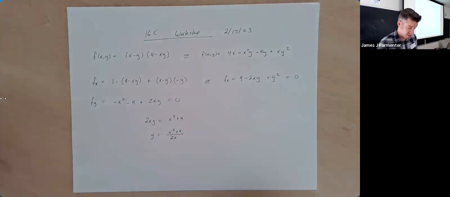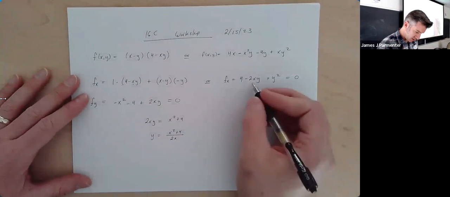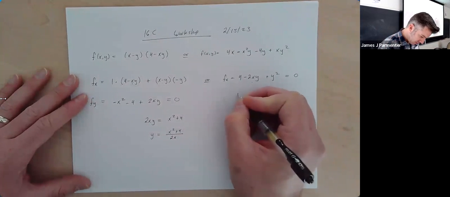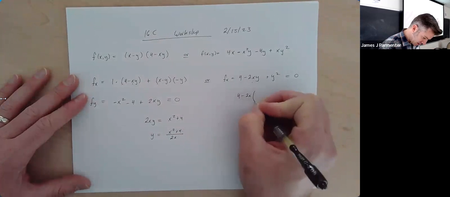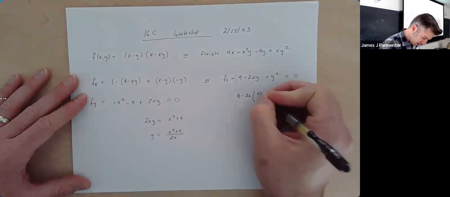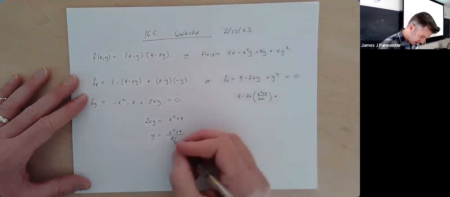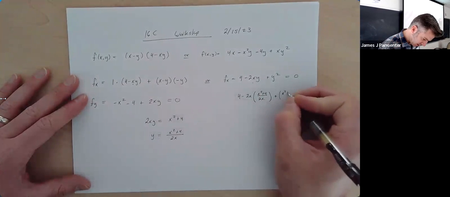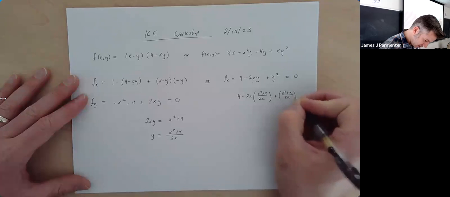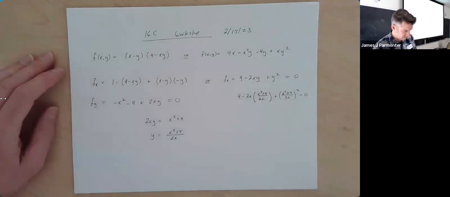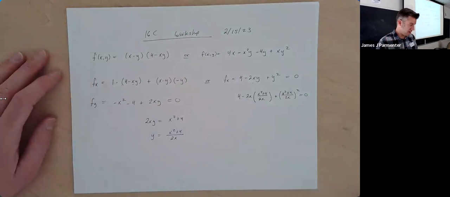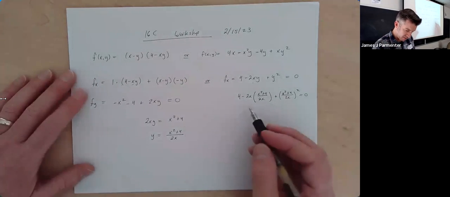We're going to find out. So in this equation, I have 4 minus 2x times y, which is x squared plus 4 over 2x, plus y squared, which is x squared plus 4 over 2x, squared. Okay, that looks not lovely, but oh well, such is life.